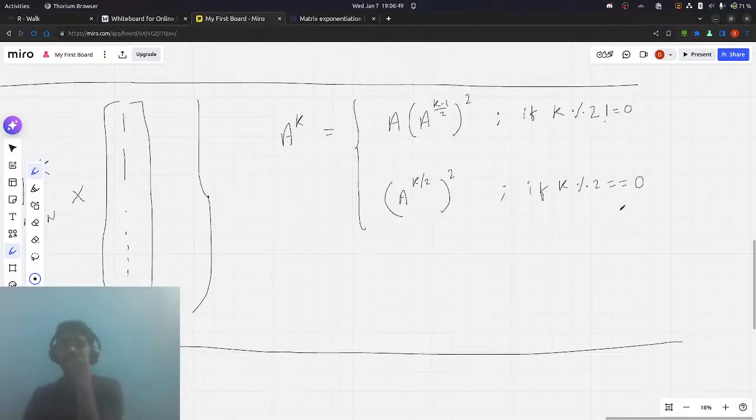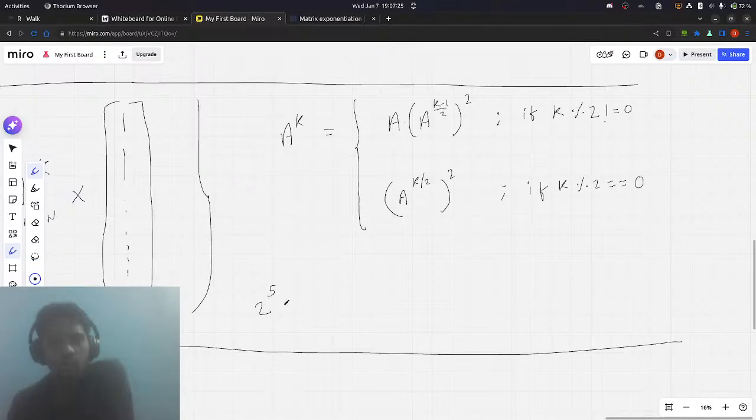Suppose we want to calculate 2 to the power 8. Instead of calculating it directly, we break it as the square of 2 to the power 4. This is better understood with 2 to the power 5, let's say.